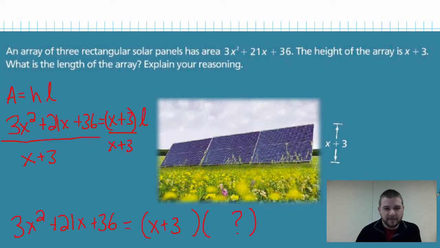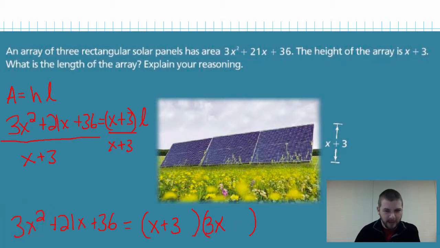So it comes to this. 3x squared plus 21x plus 36 equals the binomial x plus 3 times what? Well, as normal, we can substitute an x in place, but note, when we multiply our first terms, x times x, we wouldn't arrive at 3x squared as needed. So perhaps if we change the coefficient of the second x value from 1 to 3.